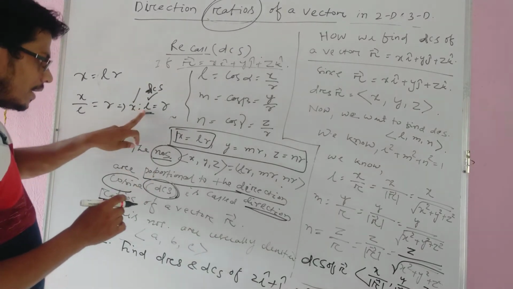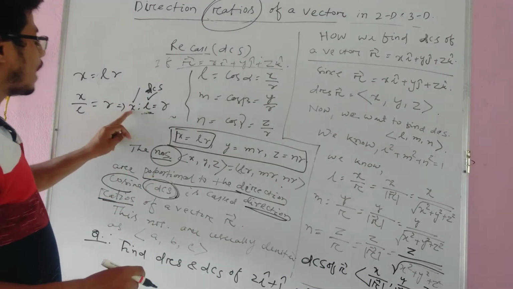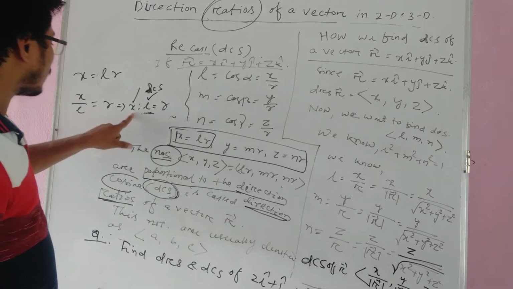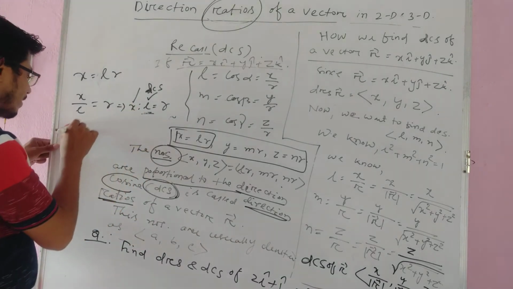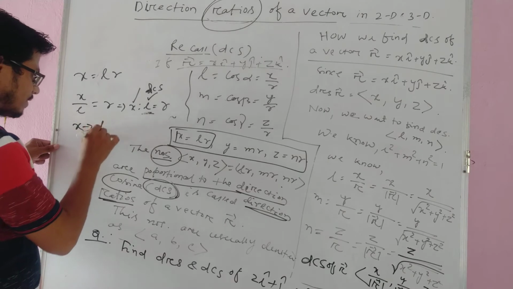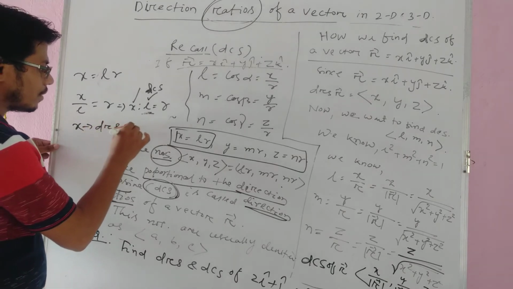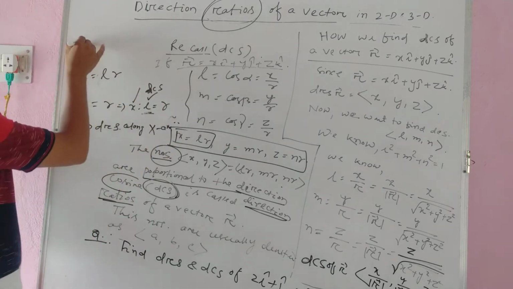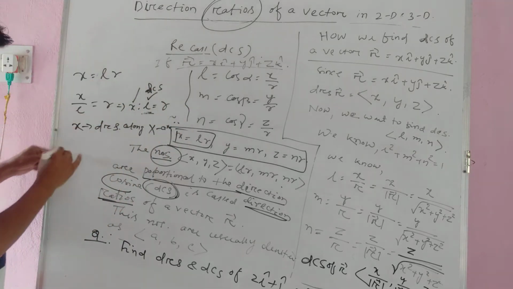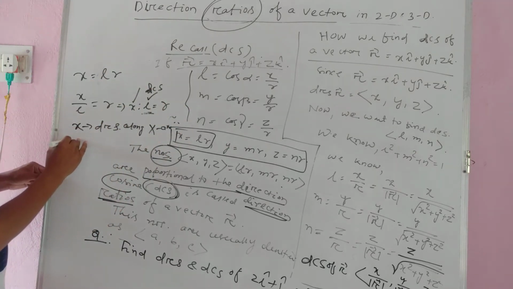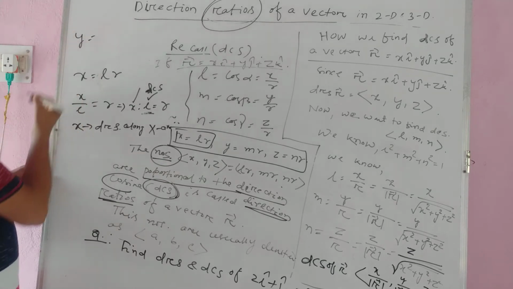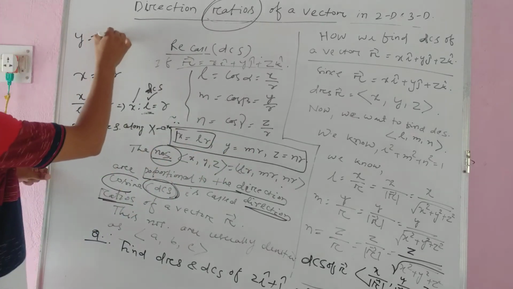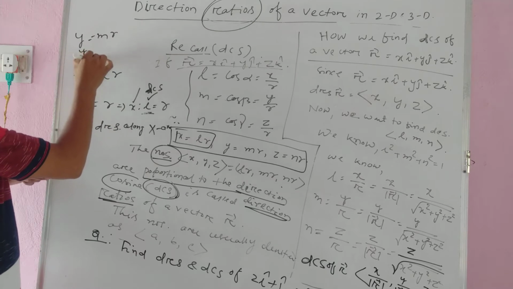Then x is called the DR along the x axis. Similarly, we write y is equal to M into r. So y by M is equal to r.